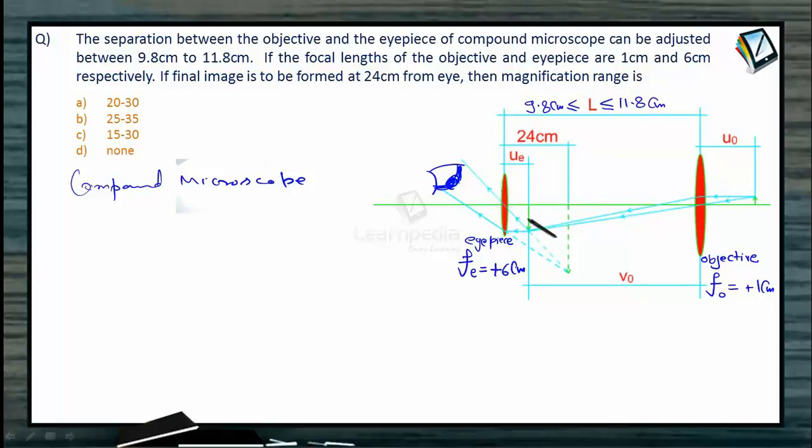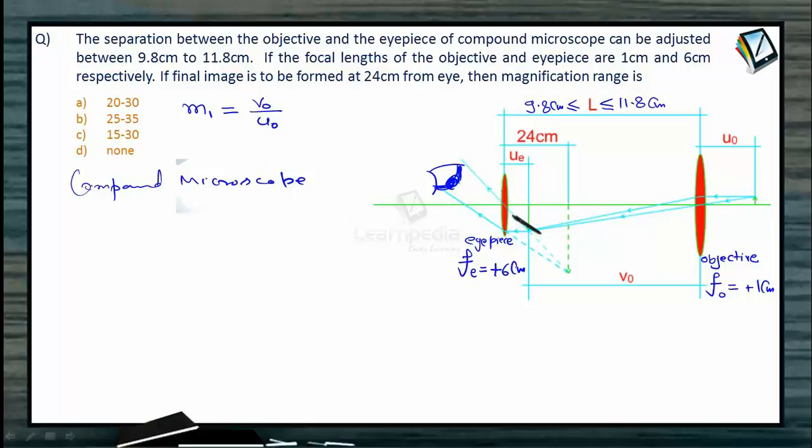This is the real image formed by the objective lens, and the distance of this image from the objective is V0. The magnification produced by this objective lens is V0 divided by U0. This is M1, and the second magnification is produced by the eyepiece.